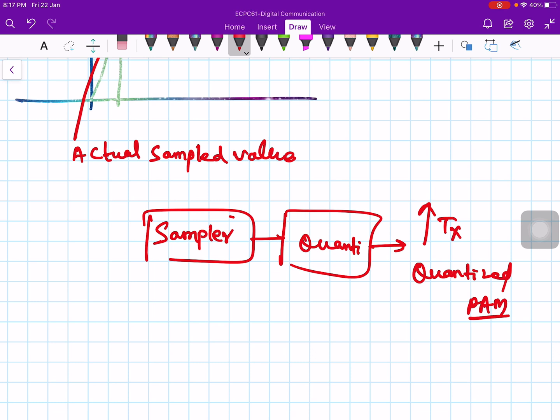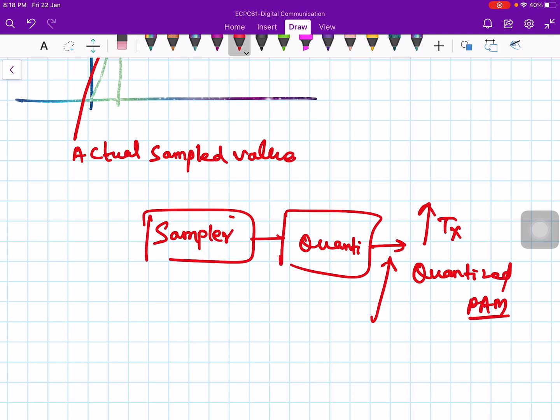The sampler output is normal analog pulse amplitude modulation, but after the quantizer it becomes a quantized pulse amplitude modulation scheme. Even this quantized PAM could be regarded as a digital pulse modulation scheme because of the process of quantization.